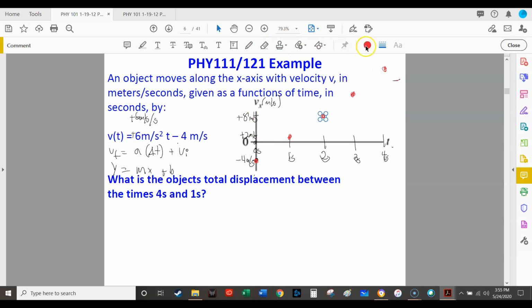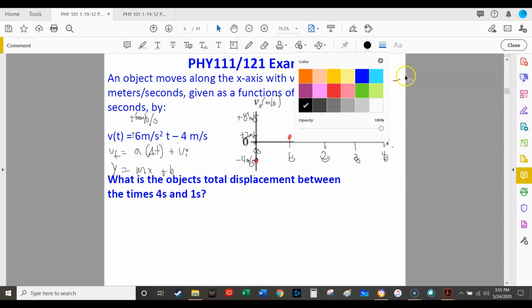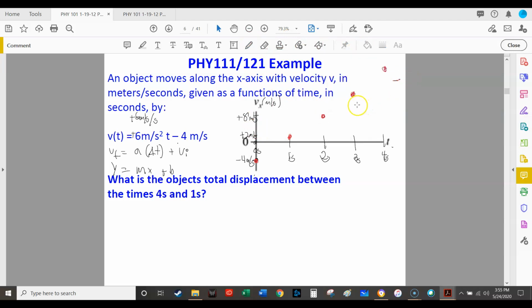So the increments that we're going to be using is positive 14, and then positive 14, it'll be then positive 20 meters per second, right? So this is going to occur at positive 20.